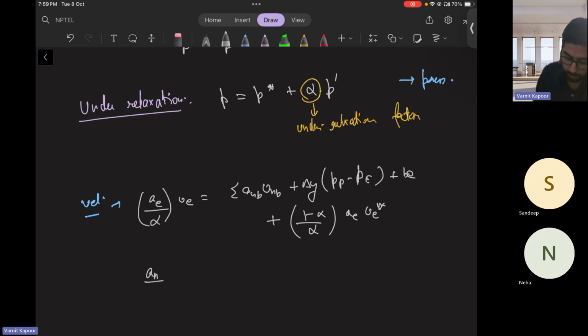Similarly, for north also you can do the same thing again. Right. So this is under relaxation kind of. So yeah, this is it for the SIMPLE algorithm.